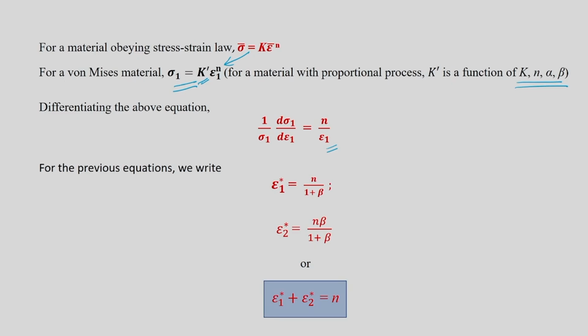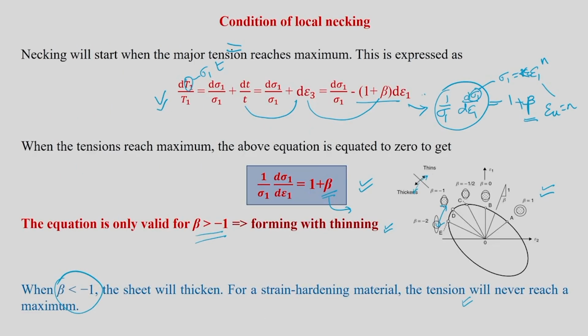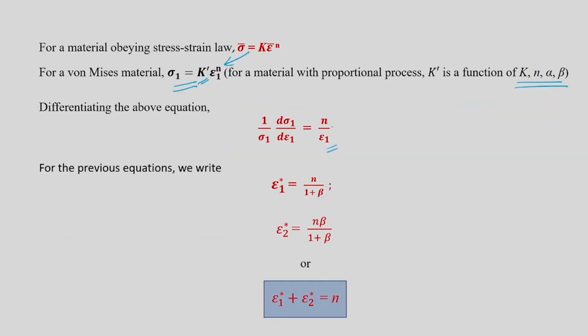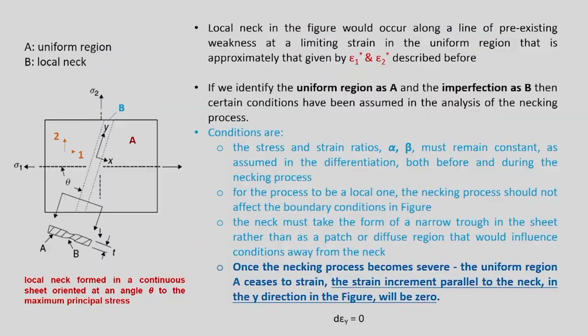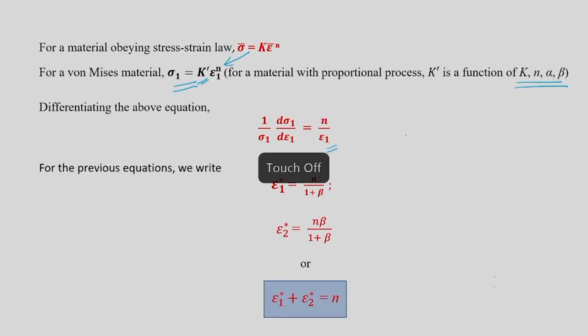Both left hand sides are equal, 1 by sigma 1 d sigma 1 by d epsilon 1, and on the right hand side you have 1 plus beta, and here you have n by epsilon 1. So n by epsilon 1 is equal to 1 plus beta.